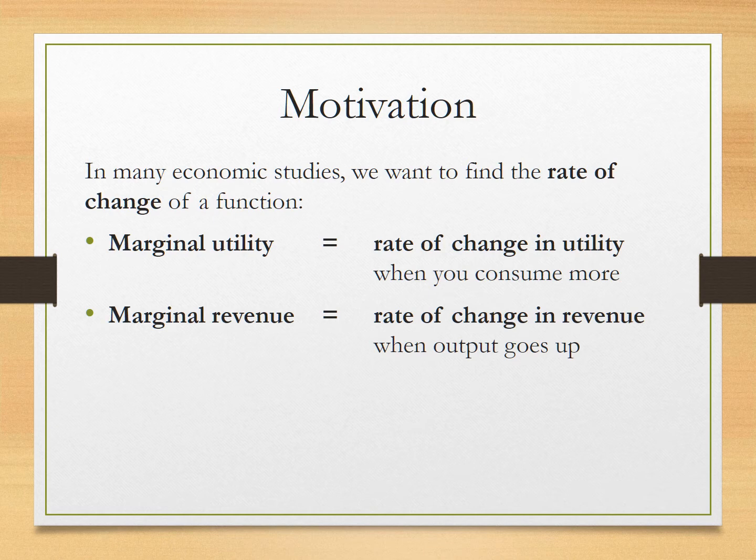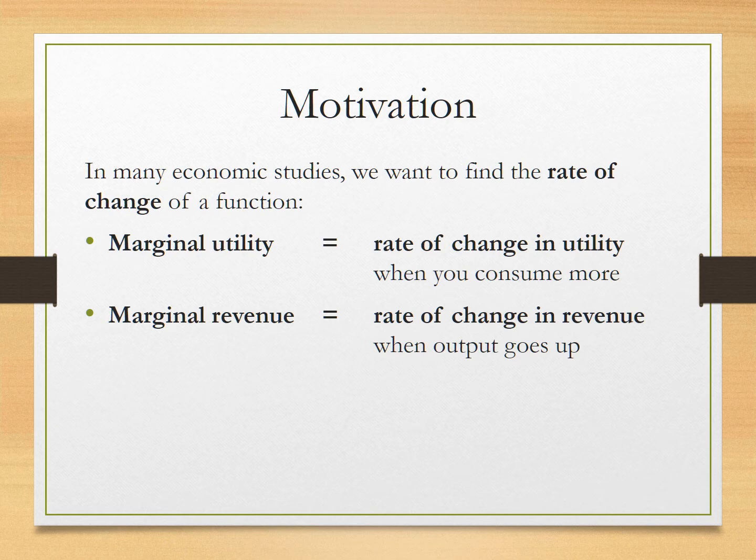You can imagine if you produce a lot of your products, you might actually get less in revenue if you have to put your products on sale. Things are expensive when they're rare. There's a point where you're producing too much and you're flooding the market, and that would reduce your revenue instead of increasing it.